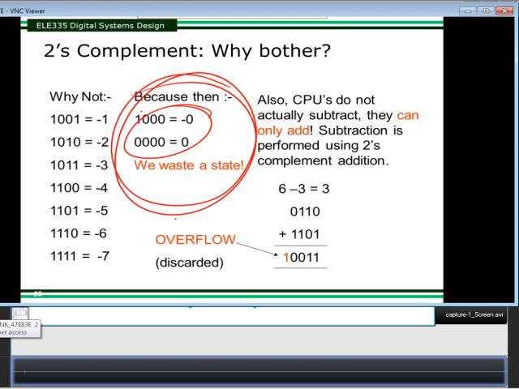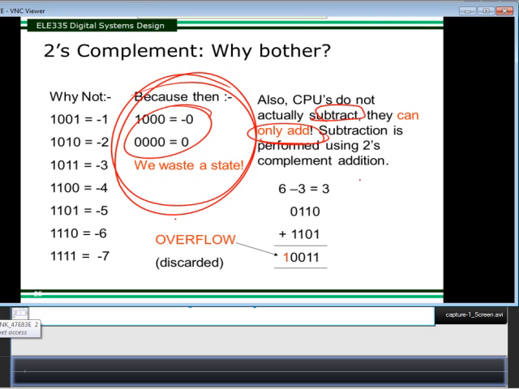Also, a CPU or an ALU doesn't ever actually do a subtraction. You will find this out in the lab when you design your ALU. ALUs only add. They pretend to do subtraction by adding a negative number, by adding a 2's complement negative number. Okay?